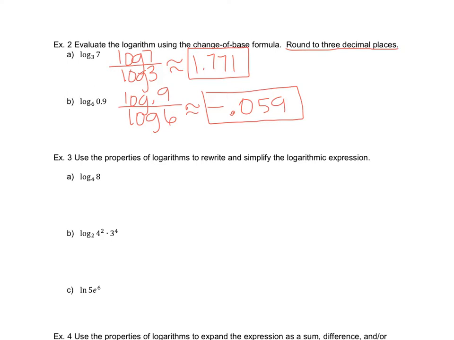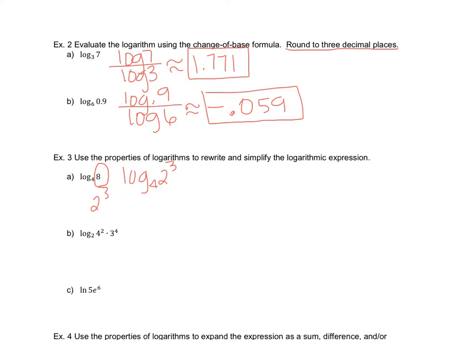But this time around, rather than just dividing, I'm going to use my log properties in order to get that simplified. So first off, I'm going to start by just changing 8 into 2 to the third. Okay, so that is how I would rewrite my big base of 8 to have a new base of 2.